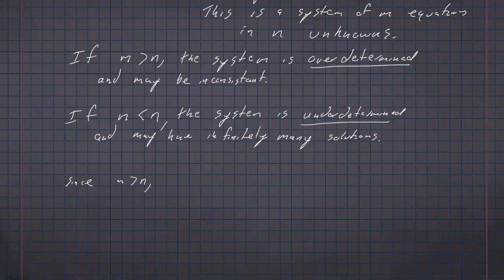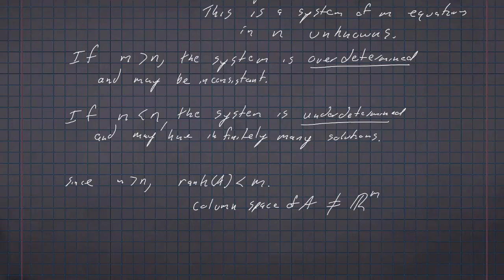First of all, since M is bigger than N, in the first case, the rank of our matrix must be less than M, which means that the column space of A is not the entire set Rm.